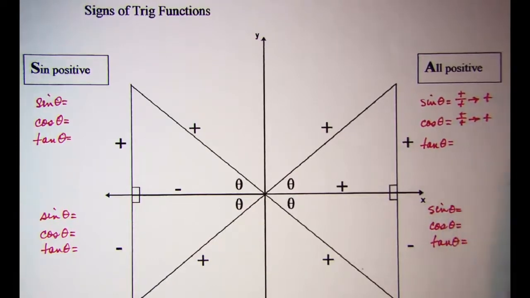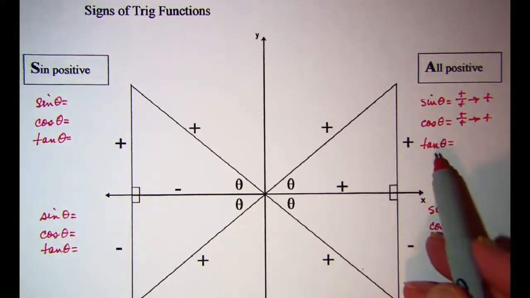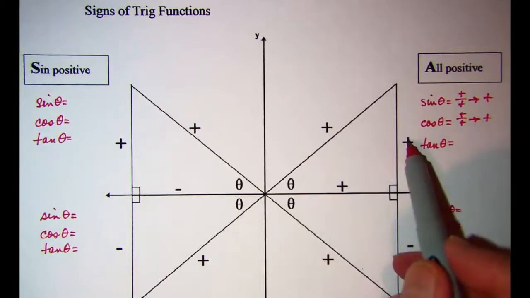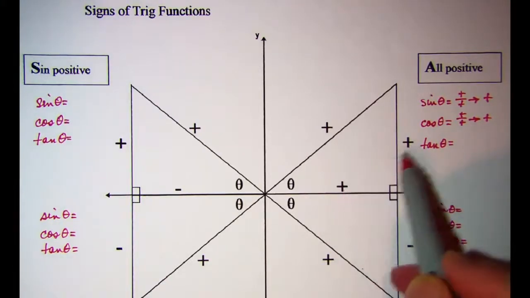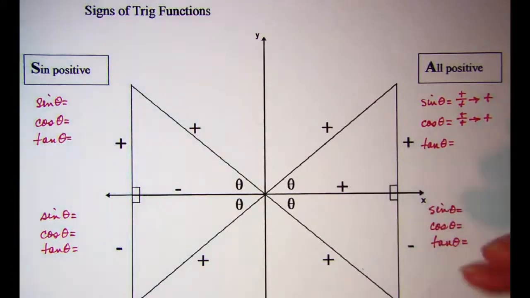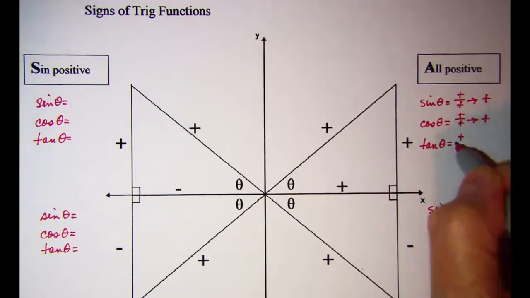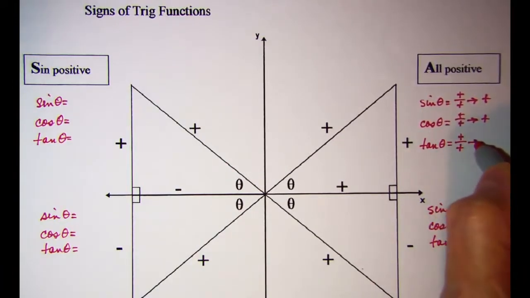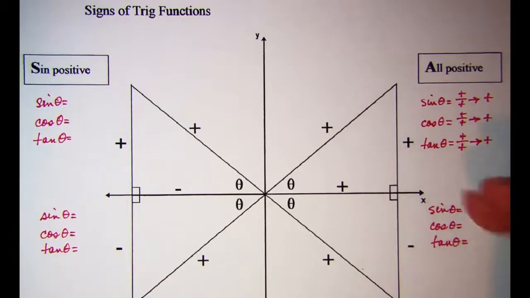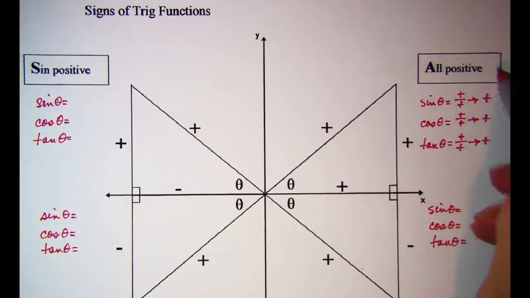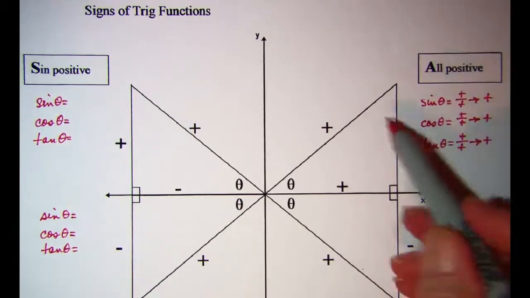So positive. And our tangent is defined as opposite over adjacent, so positive divided by positive, again, is positive. So I made the note here then that all of the trig functions are positive in quadrant 1.